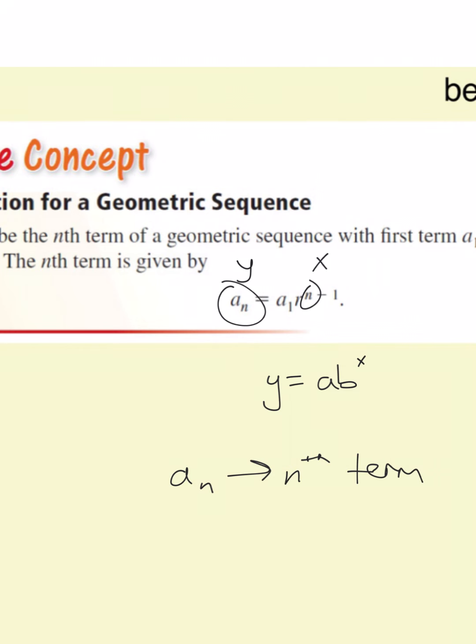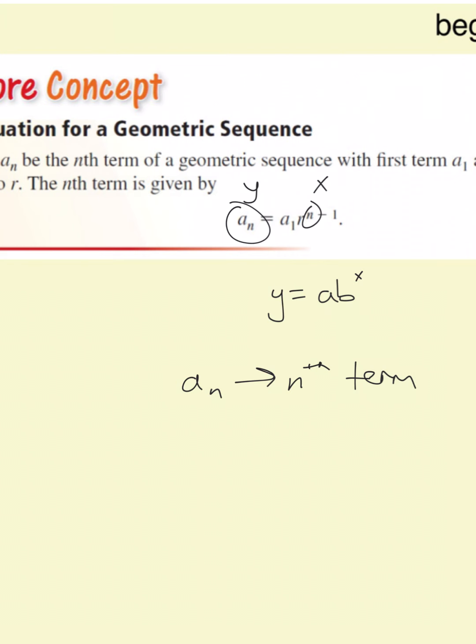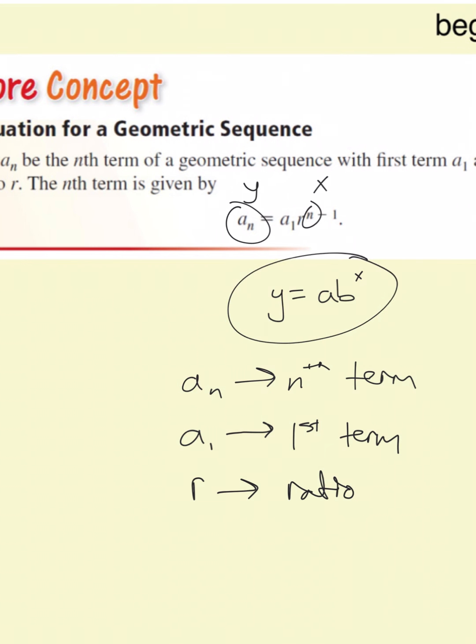So the nth term is decided by the first term. Here a sub 1 is the first term, times r, which is going to be our common ratio. And then n is like x, it is the actual term. Notice it's n minus 1 because our original exponential function was based on the y-intercept.